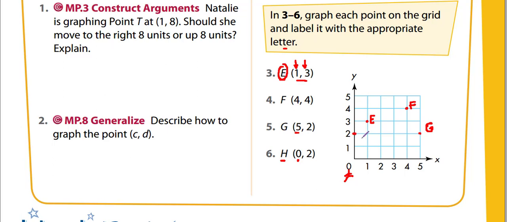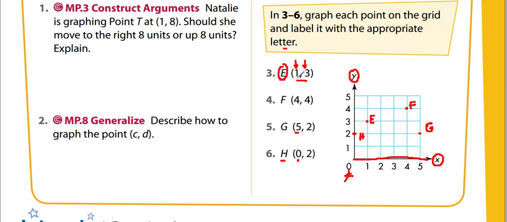Okay, H. We also have to understand that this line or this direction is called the x-axis, and the vertical one is the y-axis. Also, any numbers on the right, for example the point A was 1 and 3.